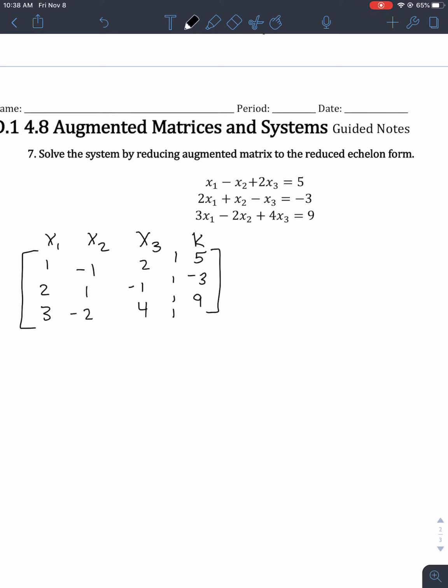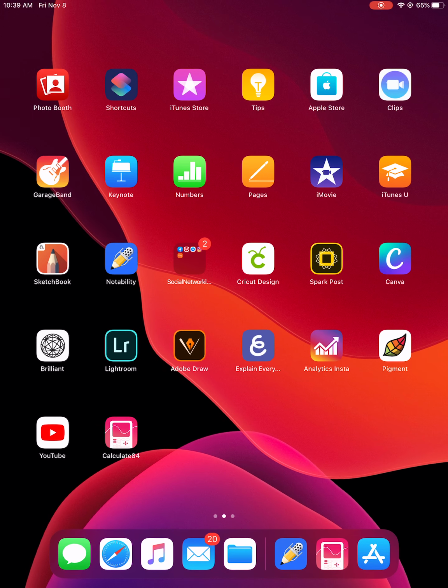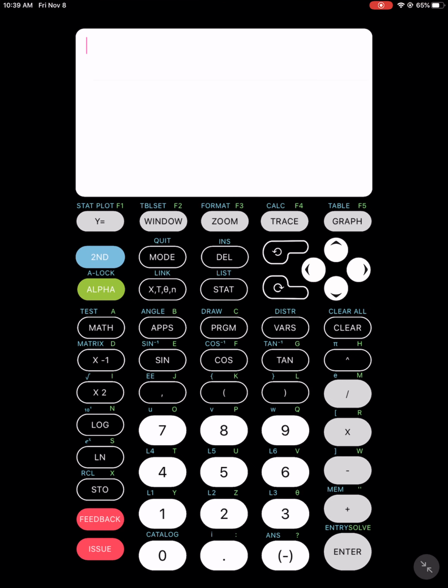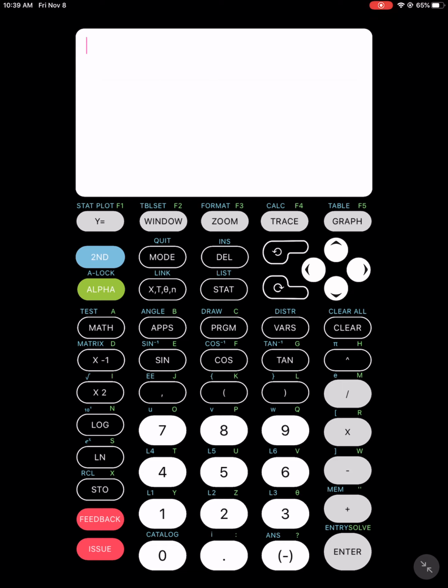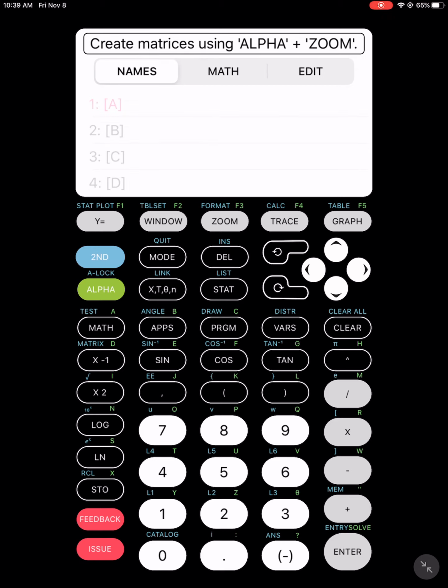So now we are going to use this matrix in our calculator. Let me pull up my calculator. On your calculator, you are going to go second matrix and over to edit. You're going to type in a matrix.